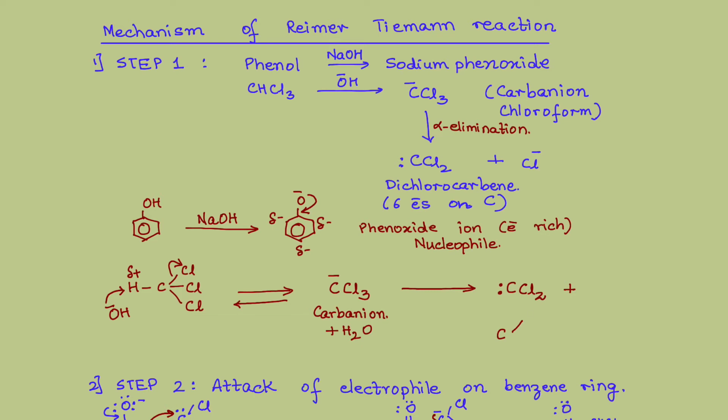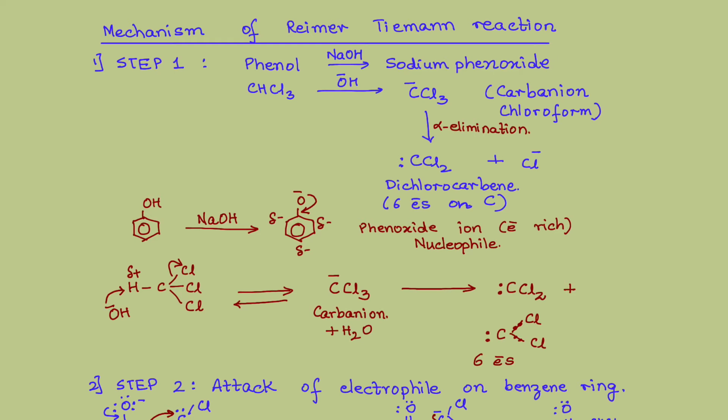Look at the structure of this CCl2. It is bonded to two chlorine atoms and it has a lone pair of electrons. In other words, how many electrons does this carbon now have? 2 here, 2 here, and 2 here. That means it has 6 electrons in the valence shell.